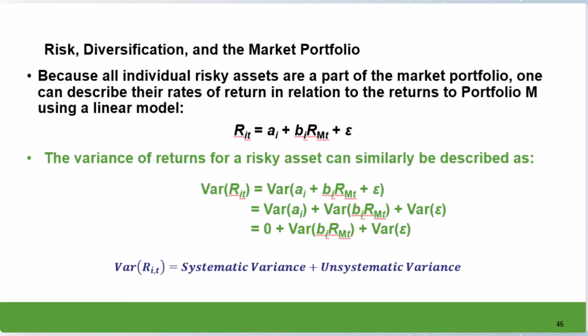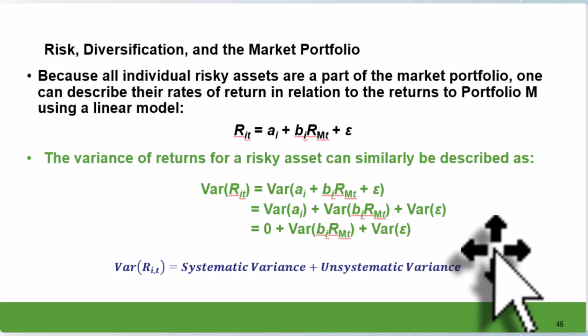Now, let's think a little bit about continuing to talk about risk. What is the risk, the variance of returns for this risky asset? We can calculate that, right? Here's the formula for the capital market line.